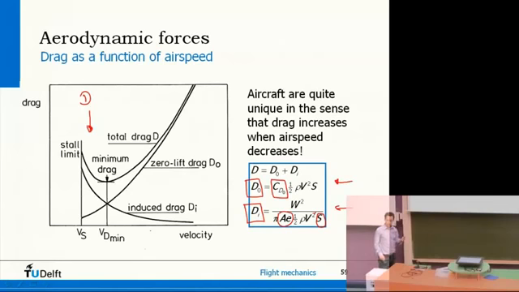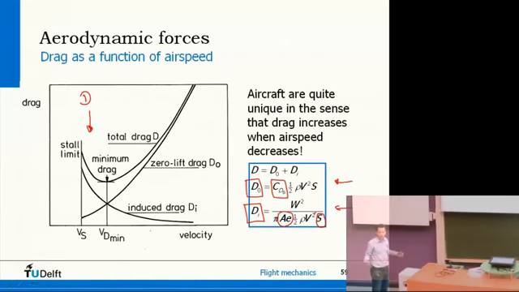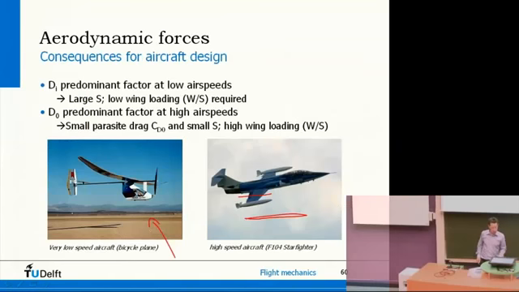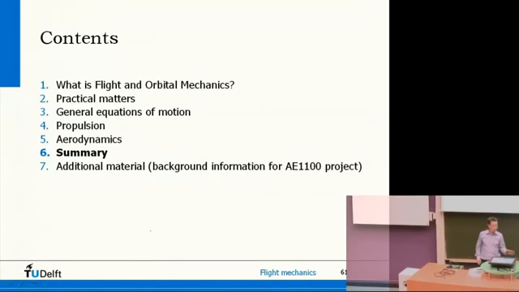Aspect ratio was b squared over S. So if you have very long, thin wings, then you have a large aspect ratio, and that's what you basically see here, long, slender wings. So that's aerodynamic forces, and we've ended up with the aerodynamics as a function of airspeed.